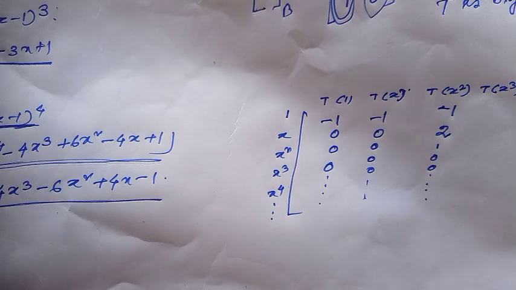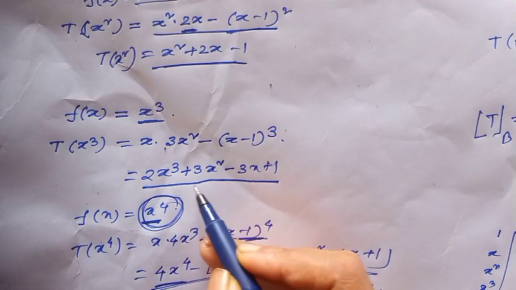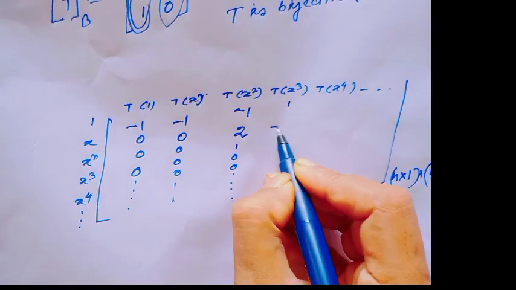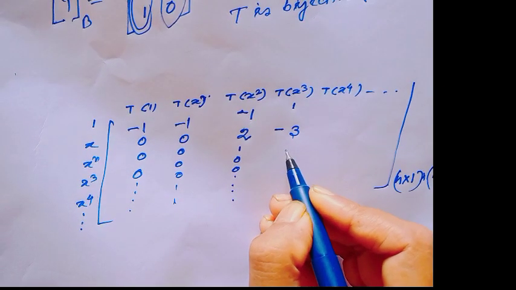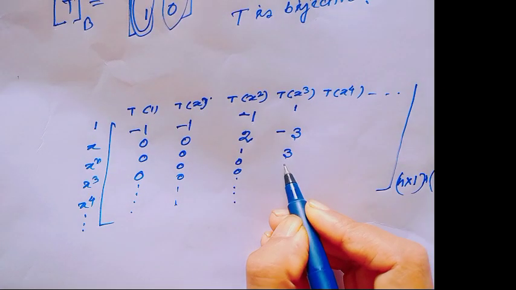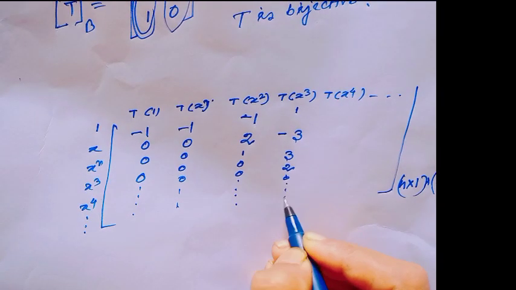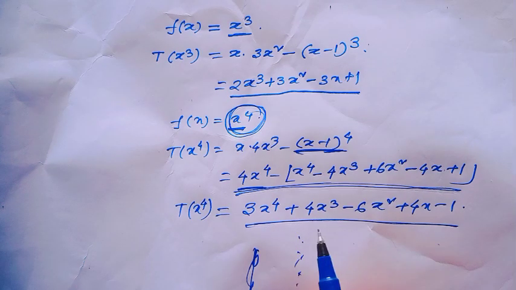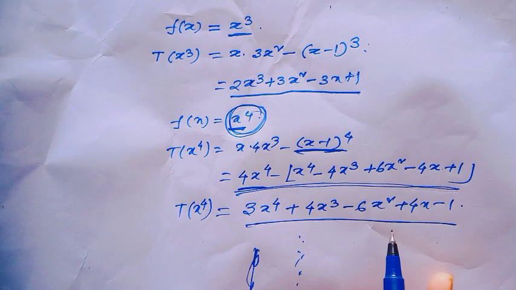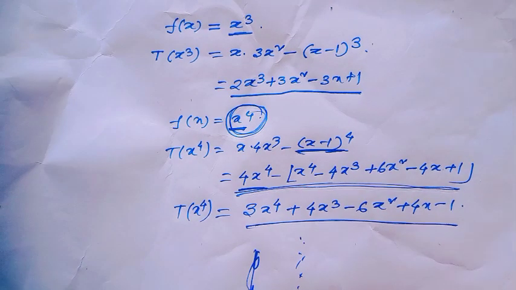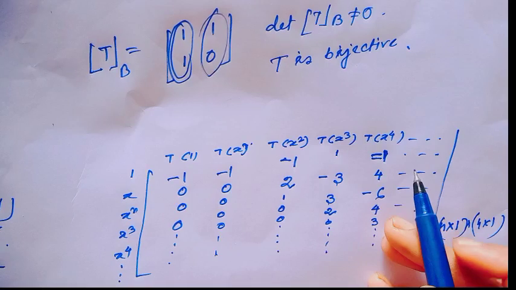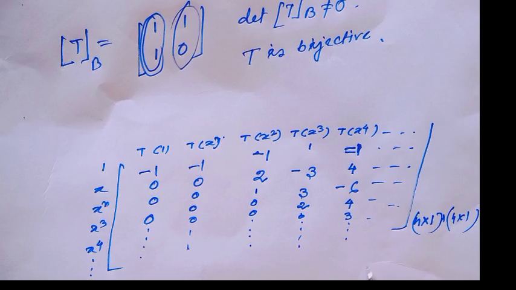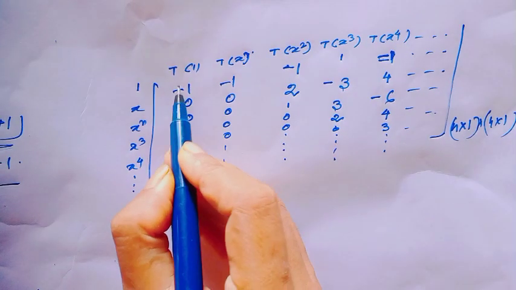T of x cube is 2x cube plus 3x square minus 3x plus 1, which means this column would be 1, minus 3, plus 3, plus 2 and the other part would be 0. Since T of x to the power 4 equals 3x to the power 4 plus 4x cube minus 6x square plus 4x minus 1, for T of x to the power 4 the column would be minus 1, 4, minus 6, 4, 3 and so on. Notice the matrix.